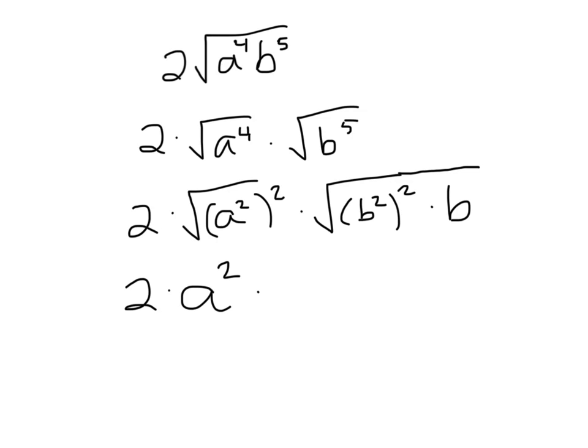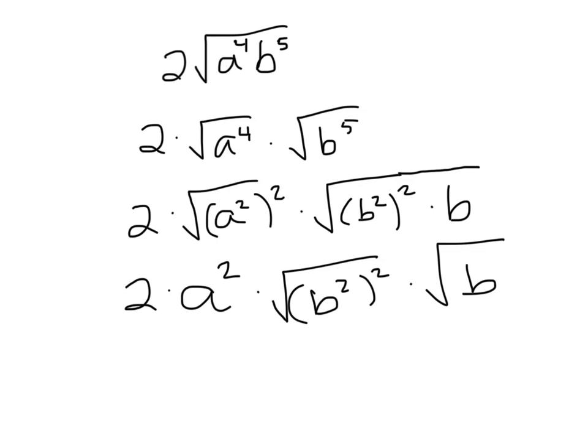My second radical, I can look at as 2 different pieces. I can look at it as b squared squared times the square root of b. Again, the square root of b squared squared is simply b squared. So I can write this as 2 times a squared times b squared times the square root of b.